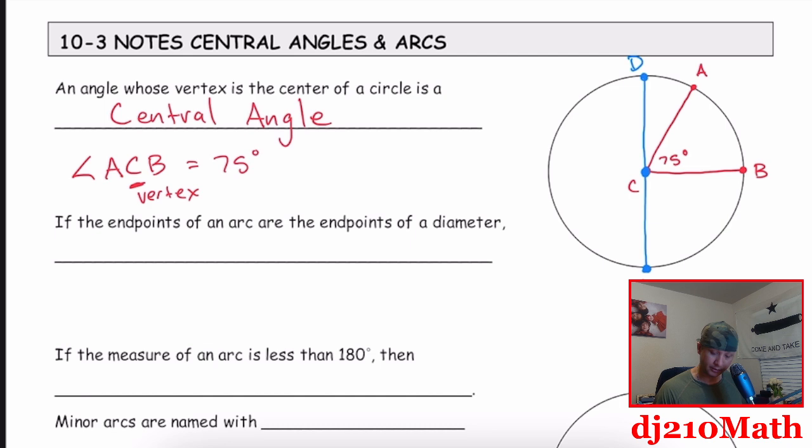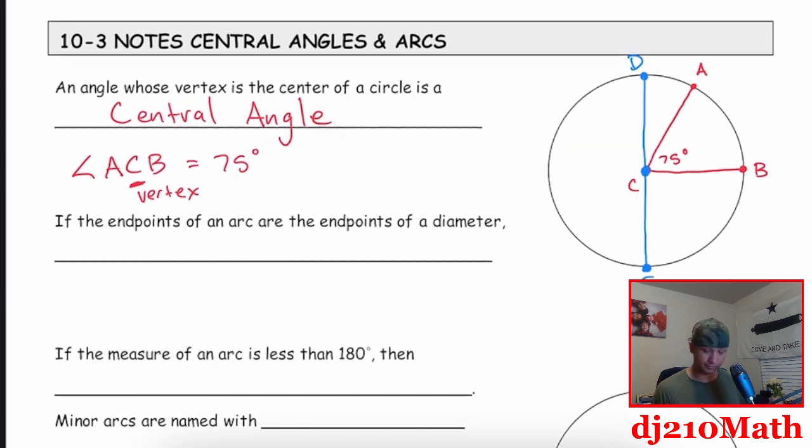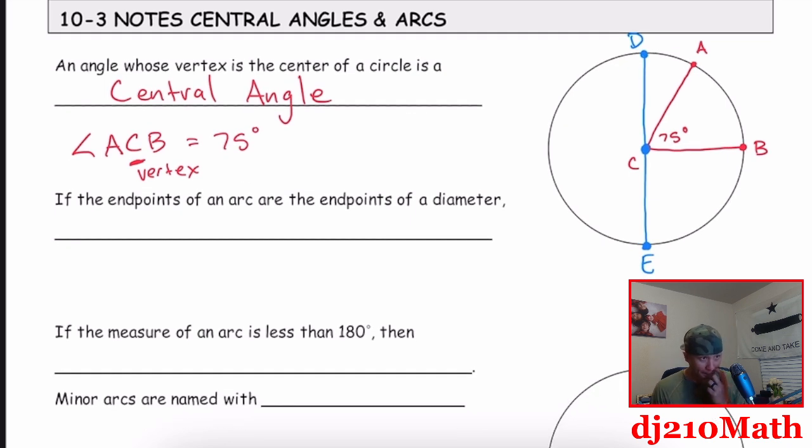Call it D and E. Okay, if the endpoints of an arc, so let's say we have an arc. I'll use blue. So here we have the diameter DE, and we have this arc.